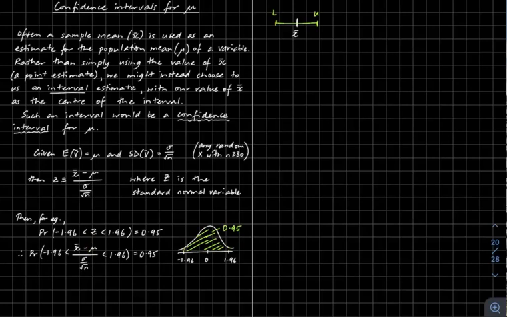So we're saying if 95% of the values lie between negative 1.96 and positive 1.96, then by rearranging that, we can turn that into an interval for mu. So we can say, therefore, there's a 95% probability of mu lying between this value and this value.